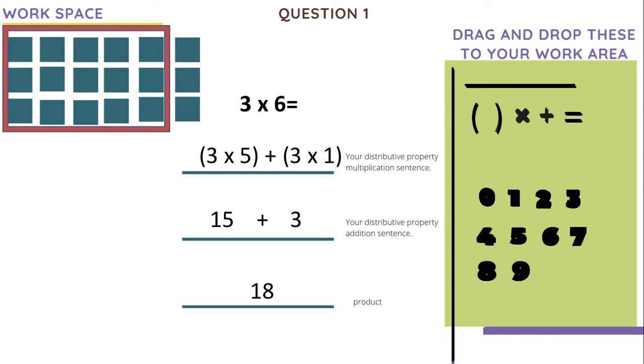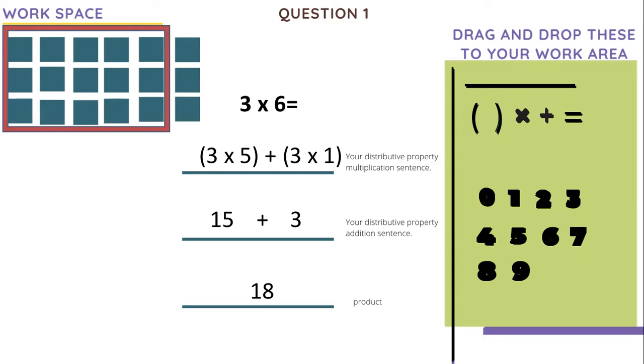Remember, when you are doing distributive property, you can only break up one of the two numbers in your original multiplication sentence. So by breaking up the 6, I now have the multiplication sentence 3 times 5 plus 3 times 1. When I do 3 times 5, I am given 15.